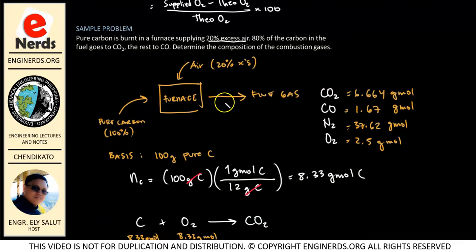So, kailangan natin i-express that into percentage. Okay, so dahil nagkuha lang tayo dito ng basis na 100 gram ng pure carbon. So, how are we going to do that? Katulad nung ginawa natin sa previous problem natin, sa previous video, I mean. So, we need to get yung total gram mole ng ating flue gas.